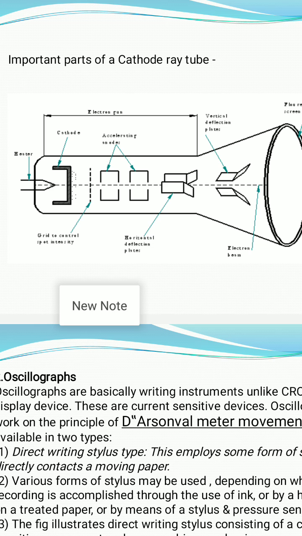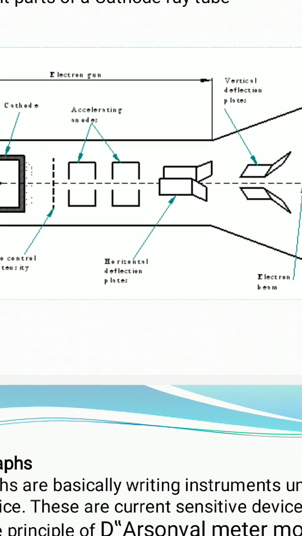These electrons accelerate at a very high speed towards the screen, and while passing through, they pass through a device called accelerating anodes. The accelerating anodes accelerate the speed of the electron beam.